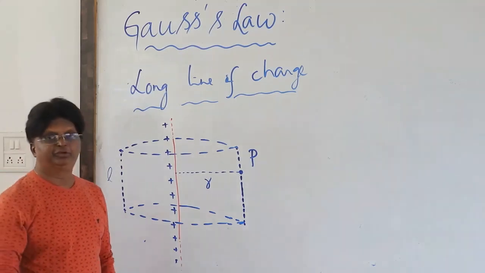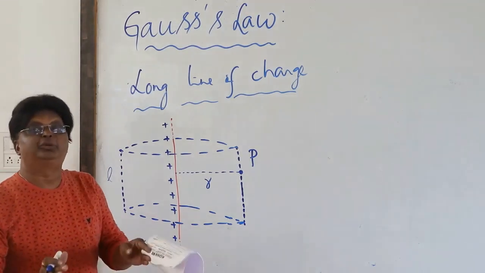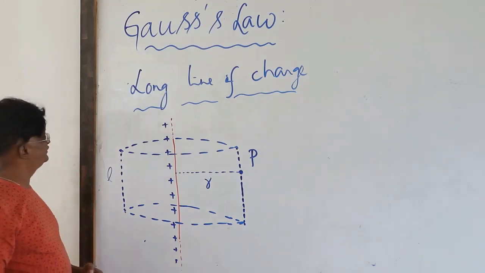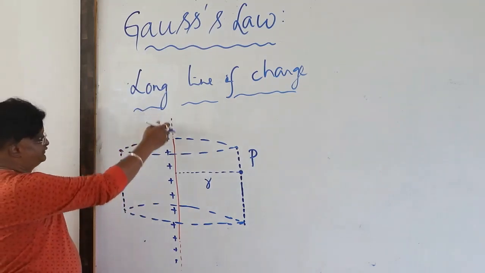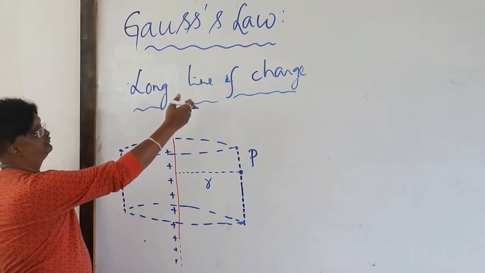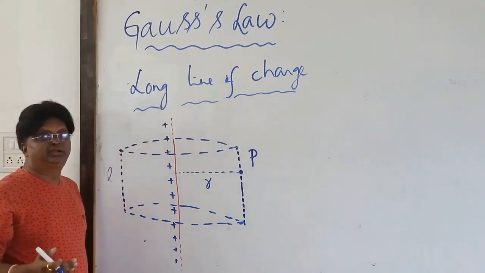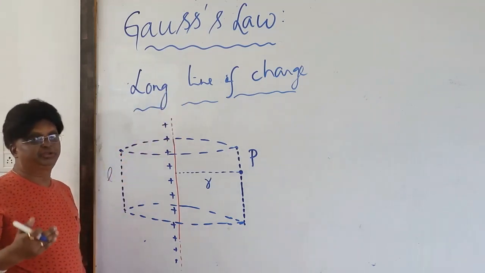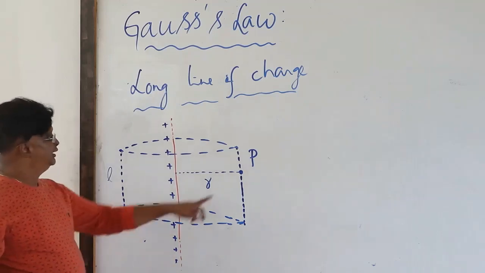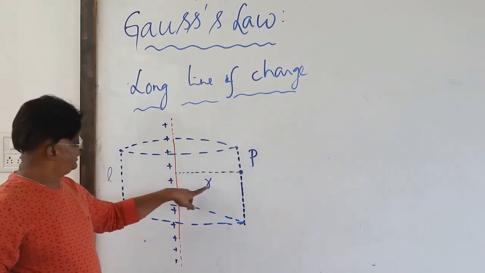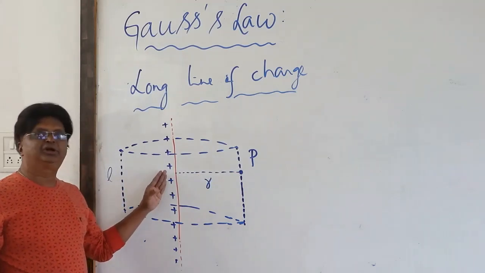Now every time I tell you, please write notes on your own. It's a very simple thing for you right now. Let us consider a long line of charge with a linear charge density lambda, charge per unit length. P is a point at a distance r from the line of charge.